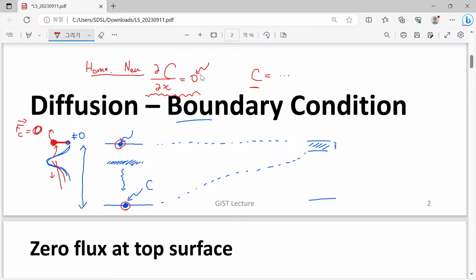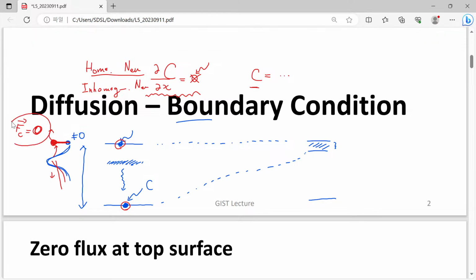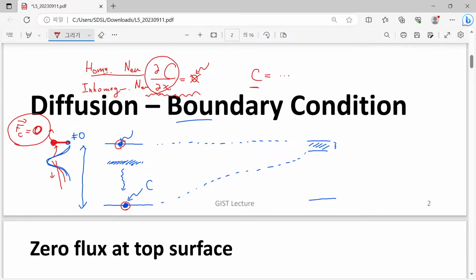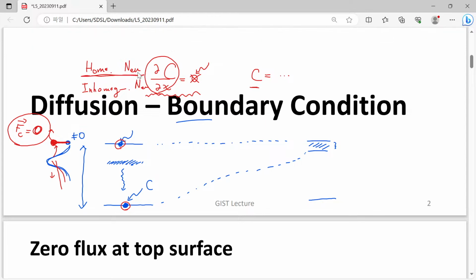And if we have a non-zero value, then we say inhomogeneous Neumann boundary condition. So right now, we will consider the boundary condition where the flux is vanishing. In this case, flux is directly related with the gradient of density. So we will apply, in other words, a homogeneous Neumann boundary condition to our top surface.